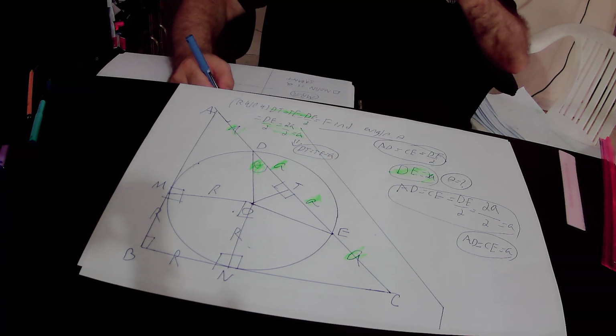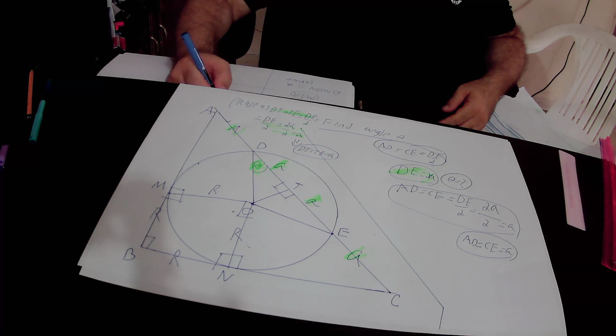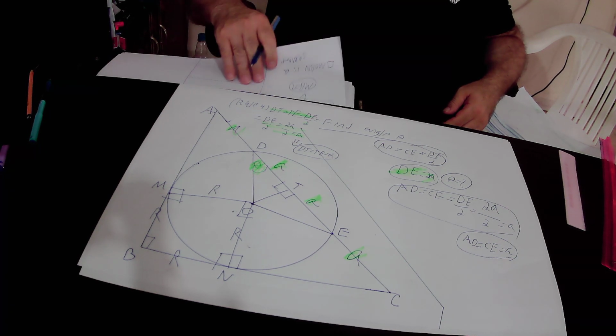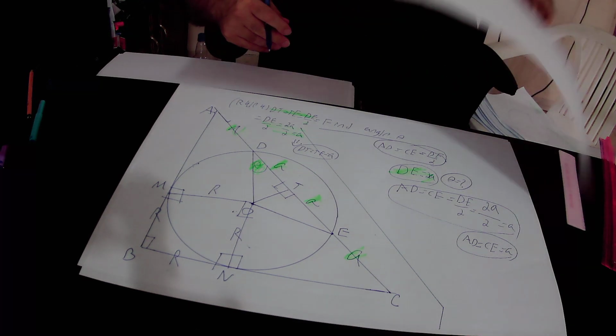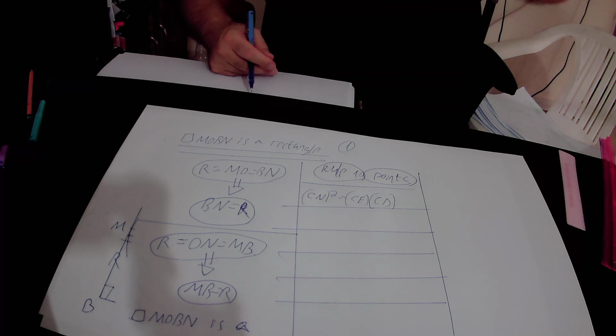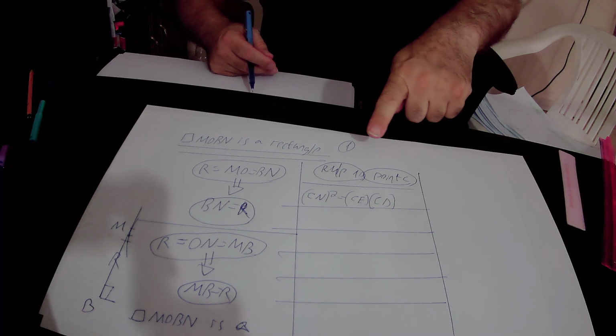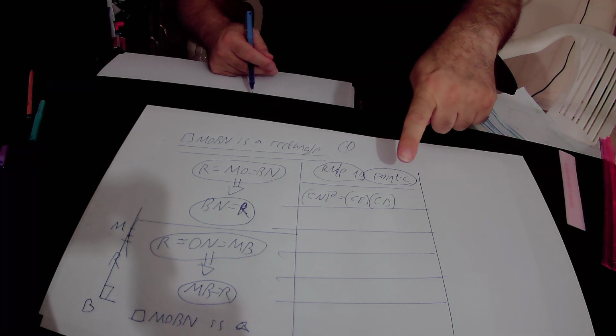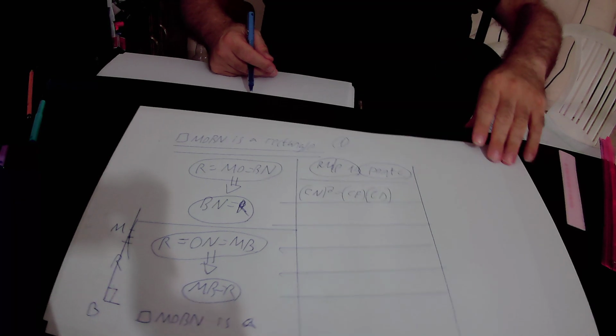So I write it down. CN squared equals CE times CD. On the external point C, according to rule number 10, we get that CN squared equals CE times CD.